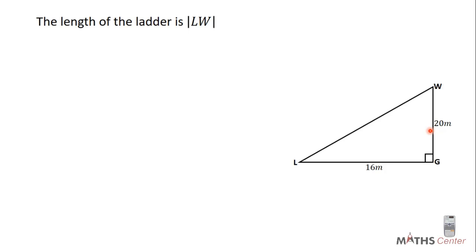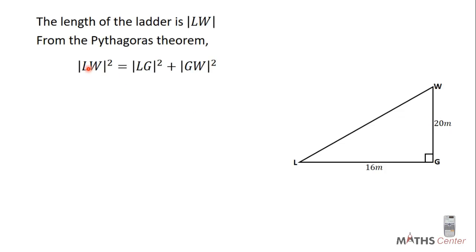LW squared, which is the hypotenuse squared, is equal to LG squared plus GW squared. We want to find LW. We know LG, we know GW, so we can find it.